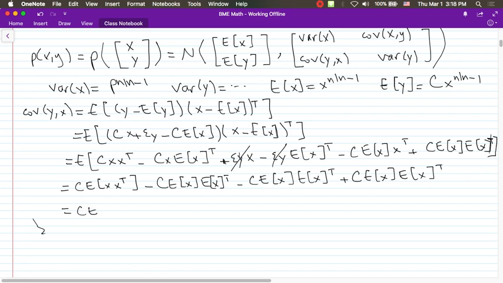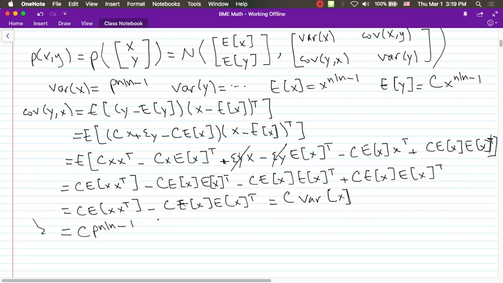So I get C expected value of x x transpose minus C expected value of x expected value of x transpose. So this is just C times variance of x. So covariance of y and x then is just C times variance of x, which is C times P of n minus 1. That's covariance of y and x.